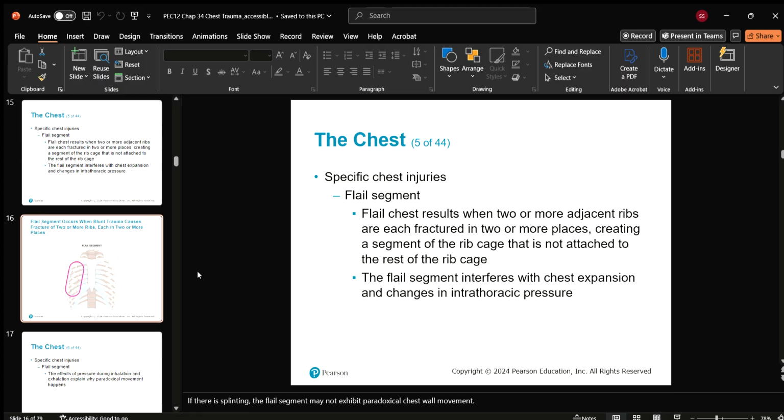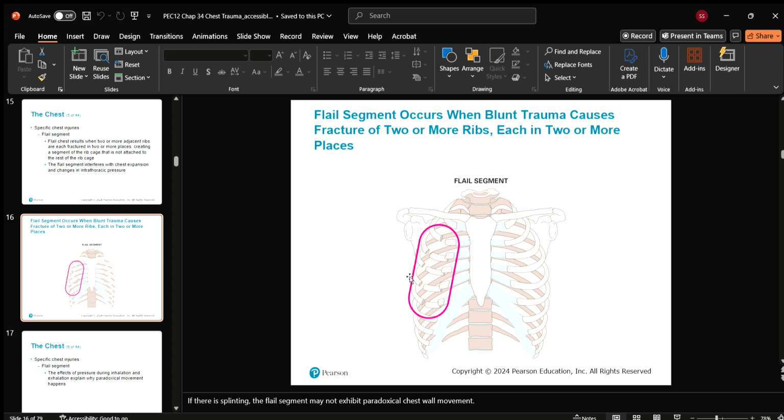And so what happens is that when you have something like this, this would be a flail segment or flail chest, like we would call it. When we breathe in, and our chest expands, instead the segment is going to cave in, it's going to sink in.